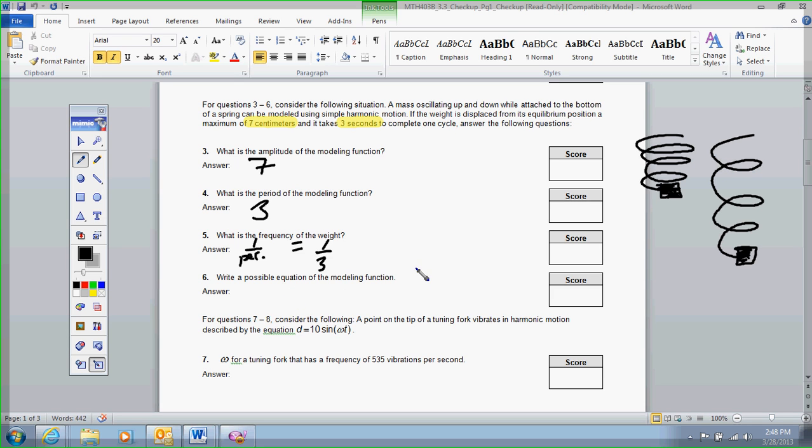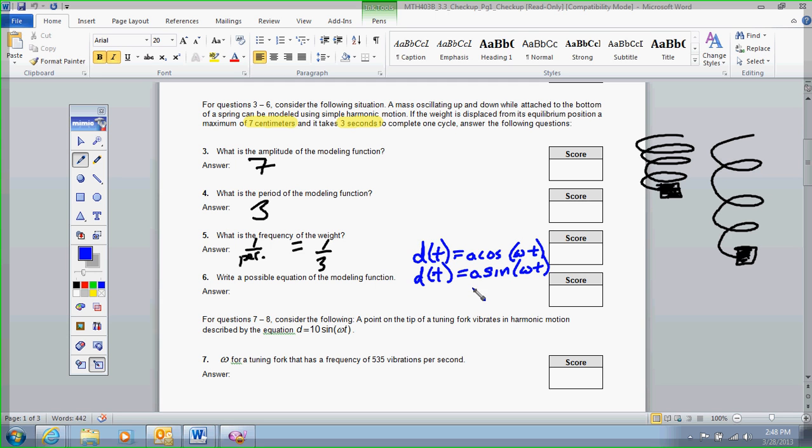Well, we had a couple of possible equations that we were given in our curriculum, and those are d of t, or the distance as a function of time, is equal to a times the cosine of omega t, or d of t is equal to a times sine omega t.